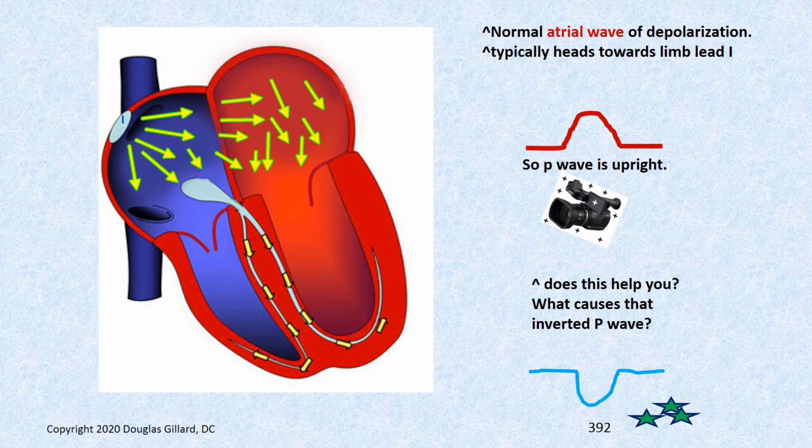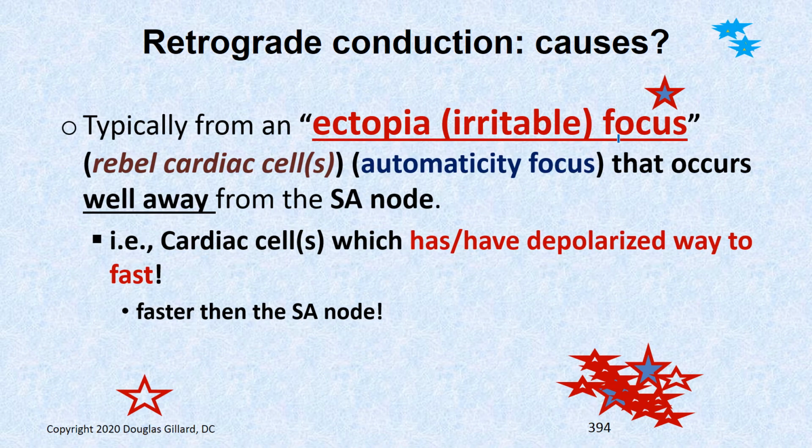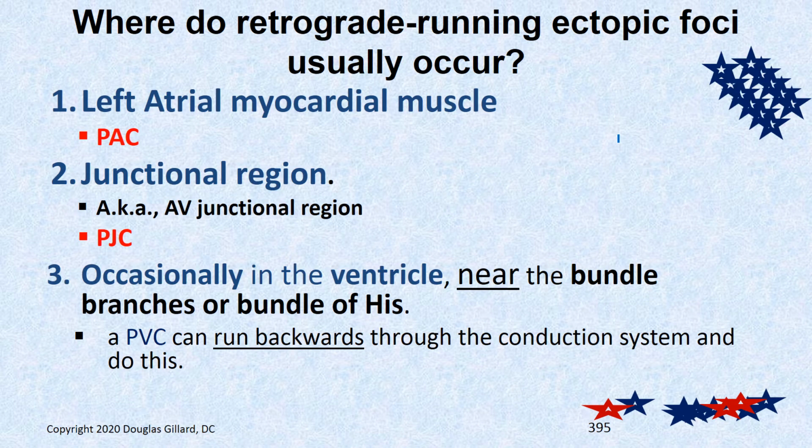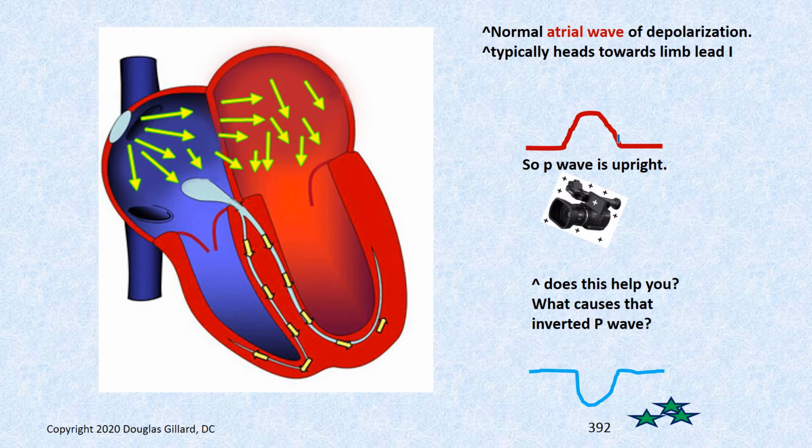Normally the SA node runs the heart, and there's limb lead 1 or limb lead 2, and it sees the MEA of the atria heading right toward it. So it's got to be positive, right? But if it's negative, where's a picture of that? I thought I put one in here for you.